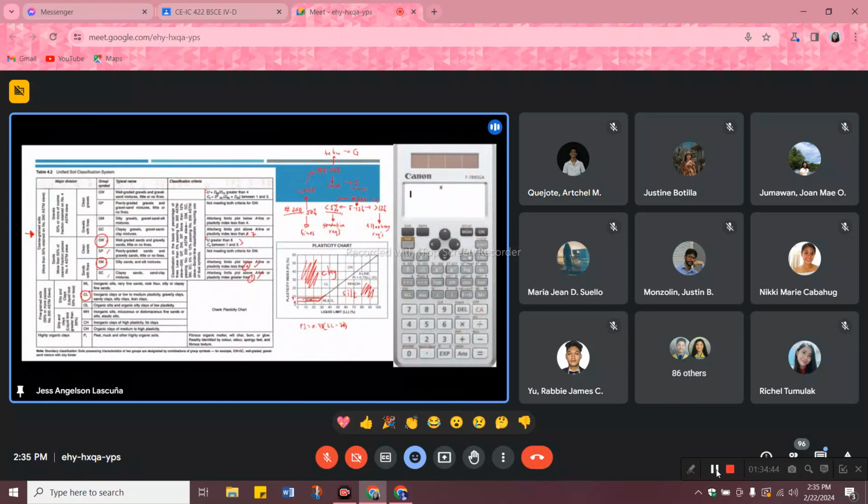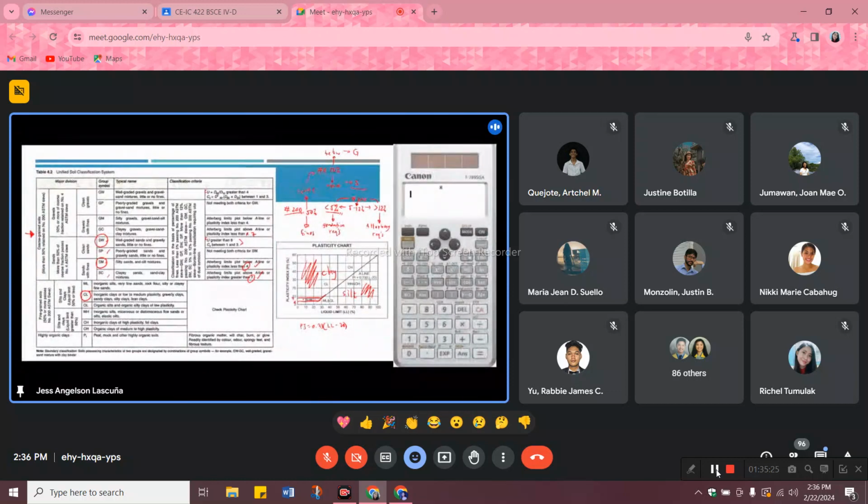And if you are under the gradation requirements, then you must solve for CU and CC to determine if it is well graded or poorly graded. And if it falls under fine-grained soils, the next thing to do is determine if it is clay or silt, using the plasticity chart like what you did in the Atterberg requirements for coarse-grained soils.